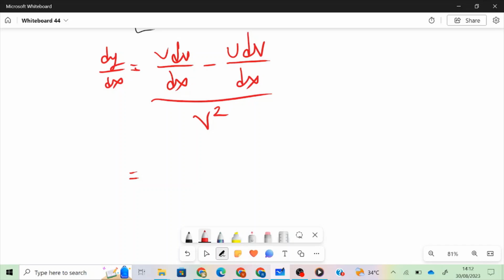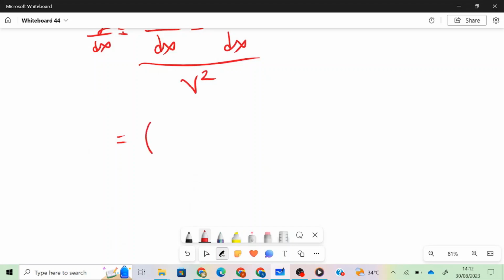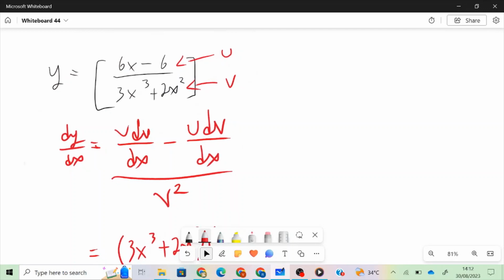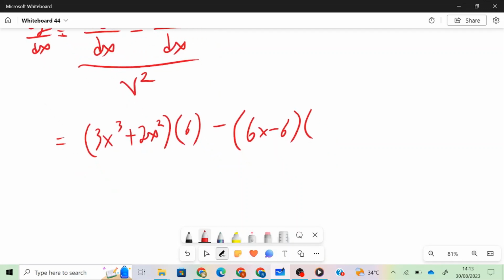v into du dx, our v is 3x cubed plus 2x squared, so in brackets 3x cubed plus 2x squared, into the derivative of u, so the derivative of 6x minus 6 is 6, minus u dv dx, so 6x minus 6 into the derivative of v, which in this case would be 9x squared plus 4x, all over v squared.